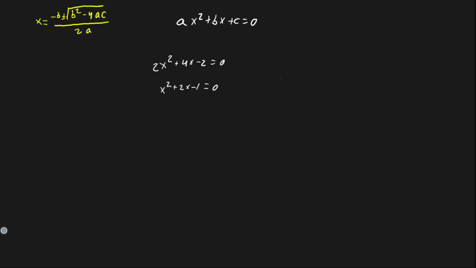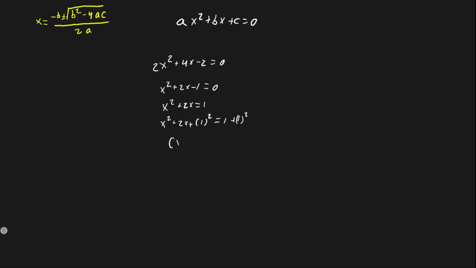So now what we want to do is move -1 to the right side. So we have x squared plus 2x is equal to 1. We're going to go ahead and divide 2x by 2 and square it, adding it to both sides. So we get 1 plus 1 squared.